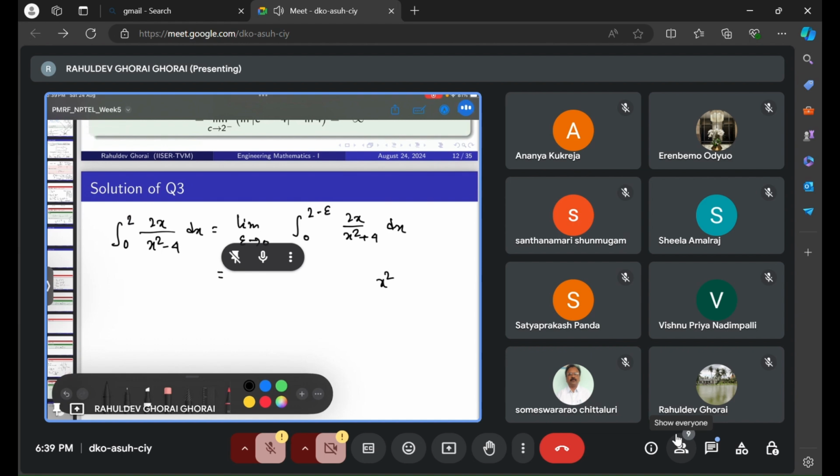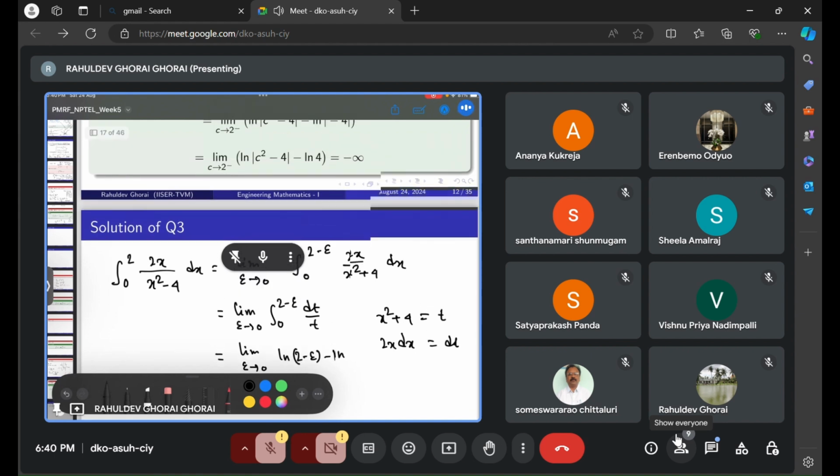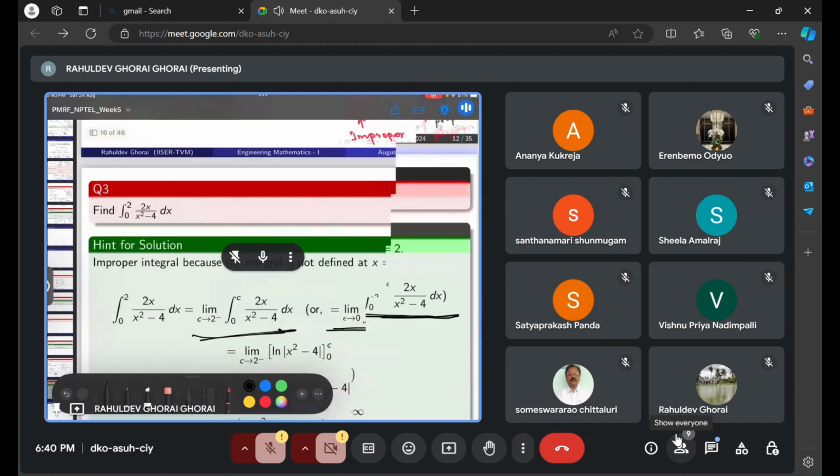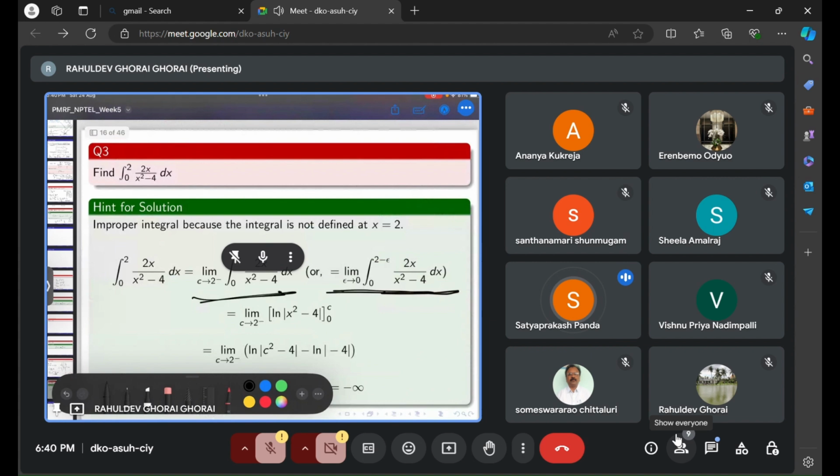Now if you take x square plus 4 equal to some t, then 2x dx will be dt, and you can write this integration as the integral from 0 to 2 minus epsilon of dt over t, which is nothing but the limit as epsilon tends to 0 of ln of 2 minus epsilon minus ln of 0, which is undefined anyway. So did we make any mistakes? I think it's x square minus 4.